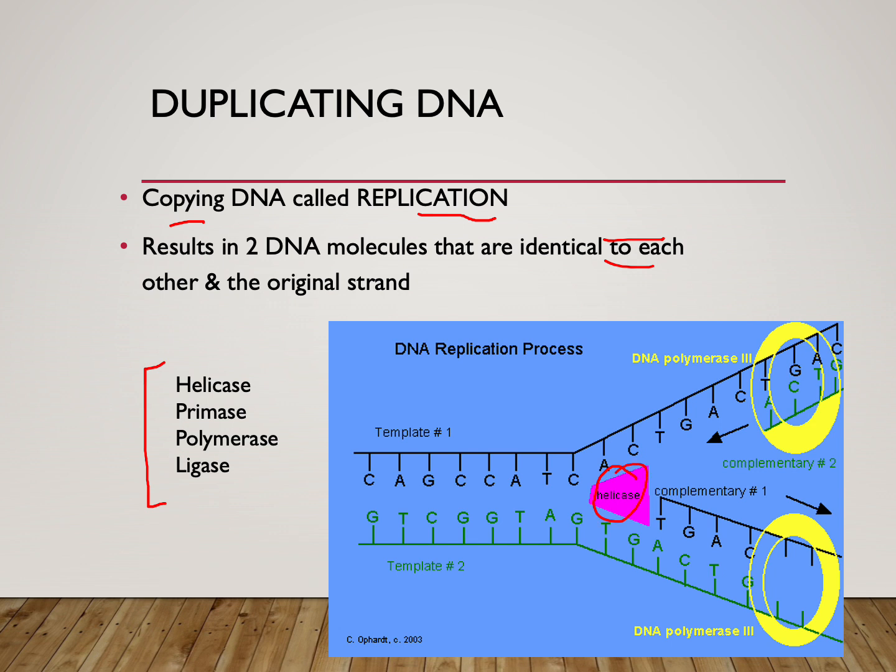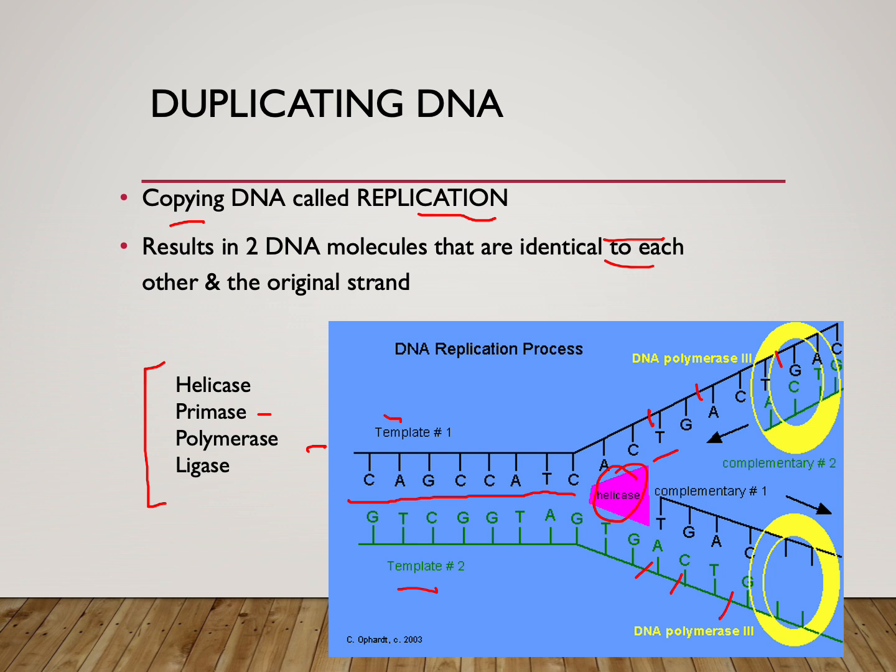But again, you have your DNA. Helicase comes in and breaks the hydrogen bonds that are connecting those nitrogen bases so they can separate. This is showing it's separated. Then primase comes in and deposits a primer down on that parent strand, or the template as they're calling it here, so that the polymerase knows what it needs to build for the complementary pair.